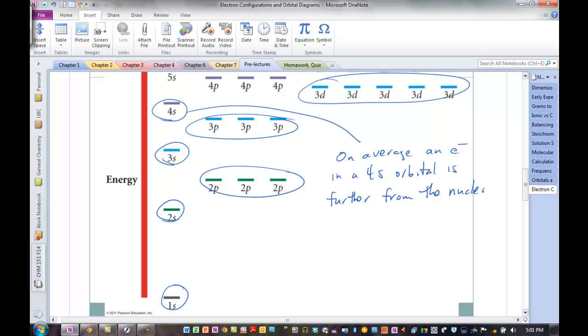So you would think that that's higher energy, and indeed it would be, but an s electron, so an electron in an s orbital, is what's termed more penetrating. Okay, it can get closer to the nucleus.